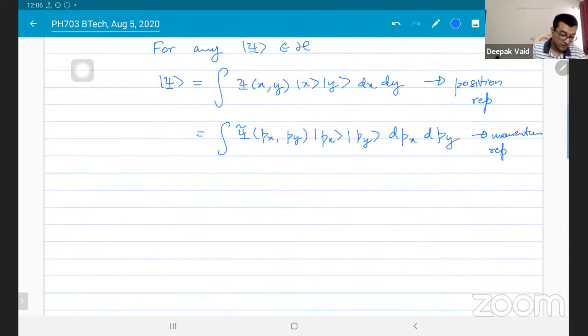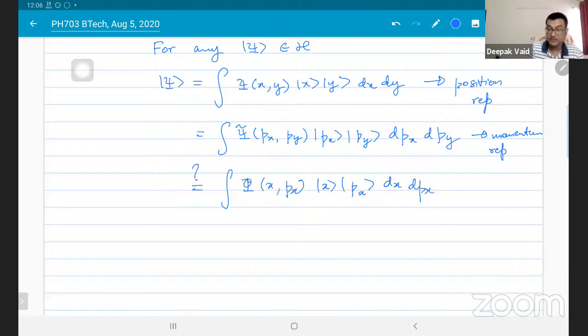Right? Now the question is, can you write down something like, let's say, instead of psi, phi of x p x, ket x, ket p x, dx, dp x? Is this allowed? No, sir.